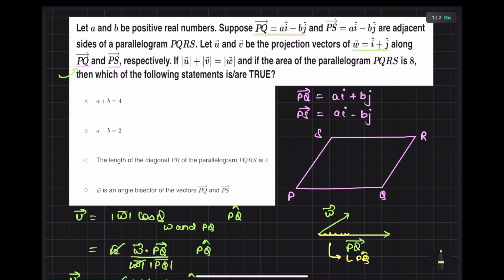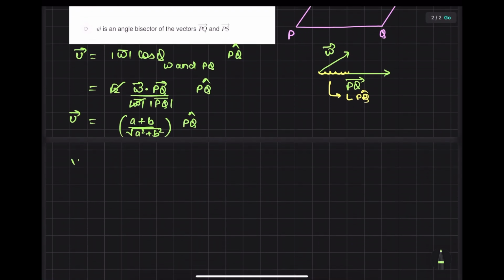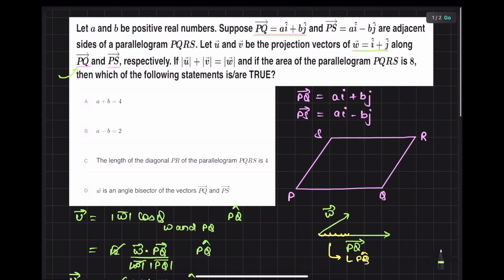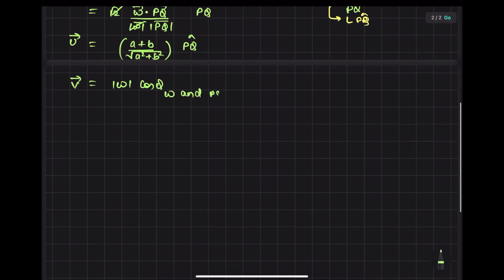Similarly, we will try to calculate the v vector. So the v vector is also the same thing. Okay. So can I write mod w cos theta? Theta is the angle between w and PS. Yes, PS vector. So can I write this thing as mod w, w dot PS upon mod w mod PS, and then we have PS cap.